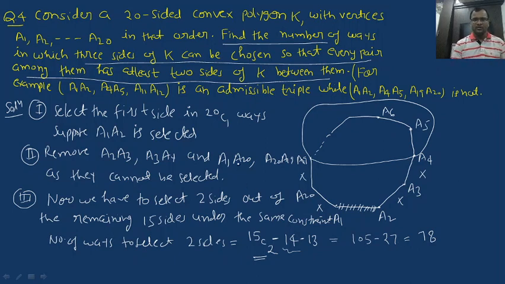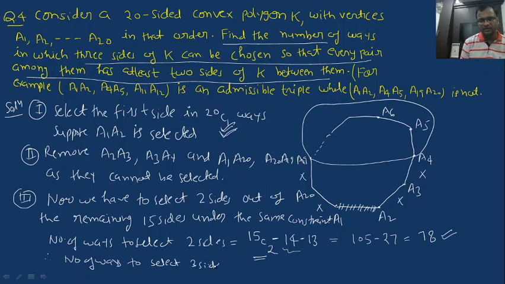Okay, now you can see we can select the first side in 20 ways, and the remaining two sides we can select in 78 ways. Therefore, the number of ways to select three sides under the given constraint equals 20C1 into 78.